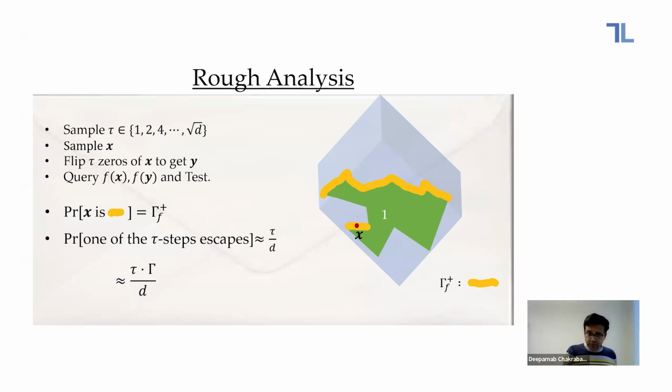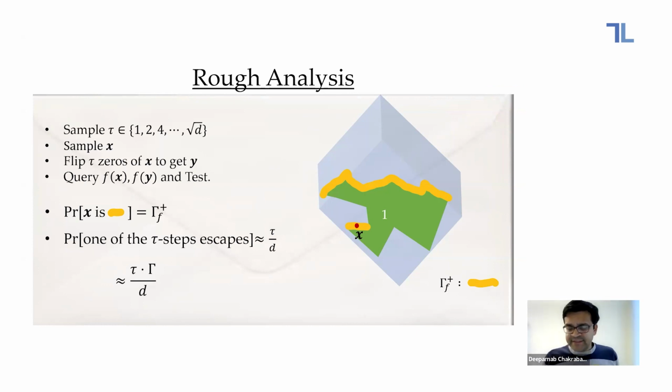In the anti-dictator world, gamma was constant, like half. Tau, I walk all the root d distance. So this becomes 1 by root d times root d times 1 by d, which is roughly 1 by root d. So if gamma is large, this is a back of the envelope reason why I would hope to get something like 1 by root d.